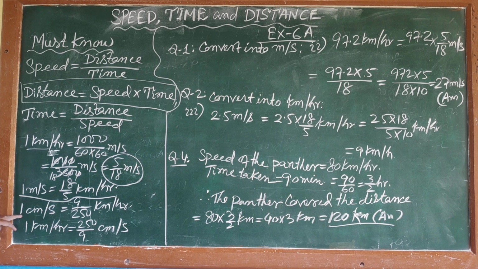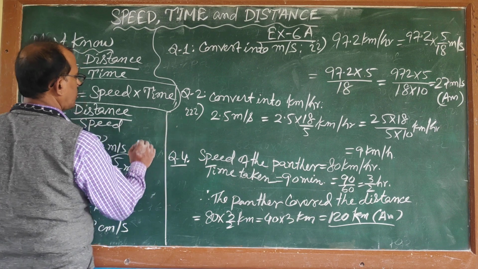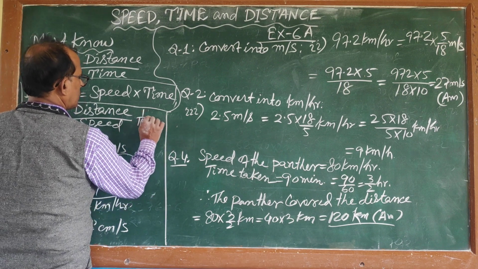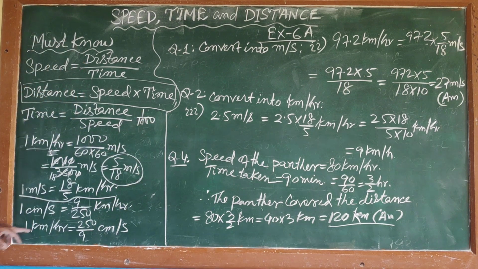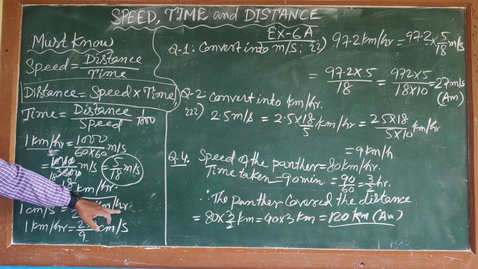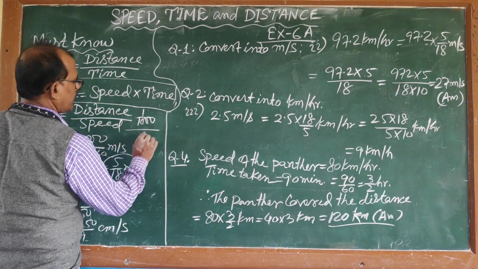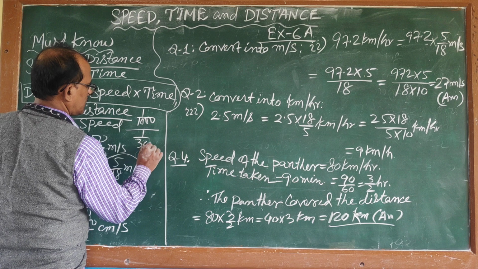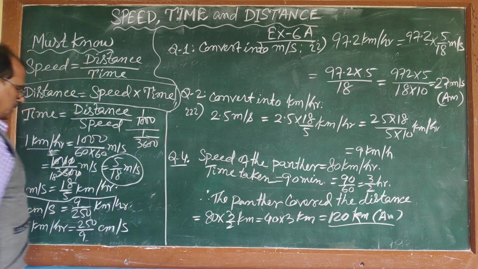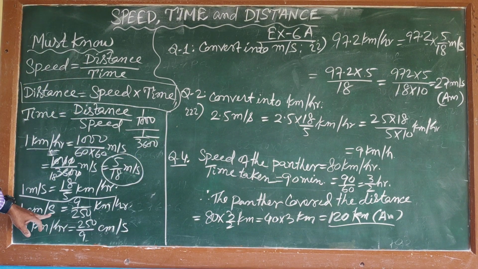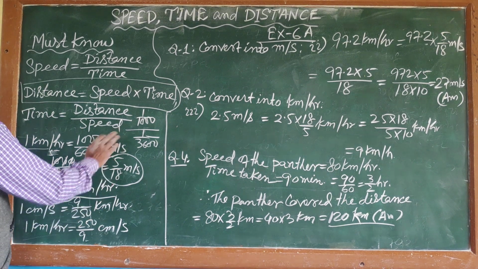Now see, 1 centimeter per second. 1 centimeter is equal to how much kilometer? 1 by 1000. Then the second will be converted to hour, divided by 1 by 3600.